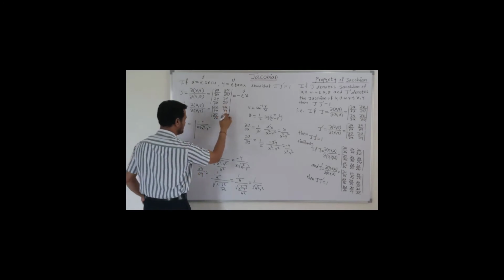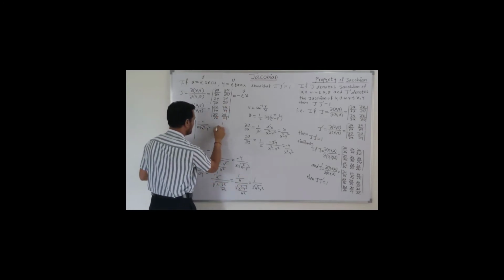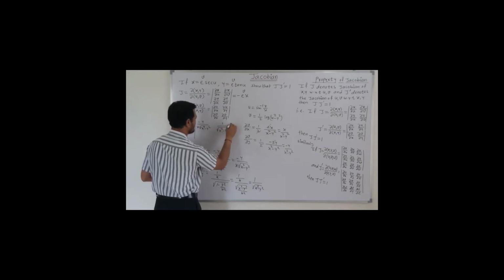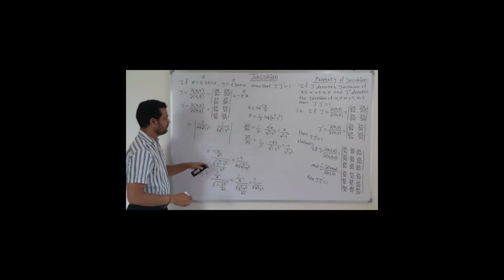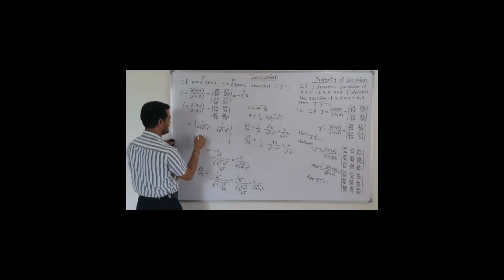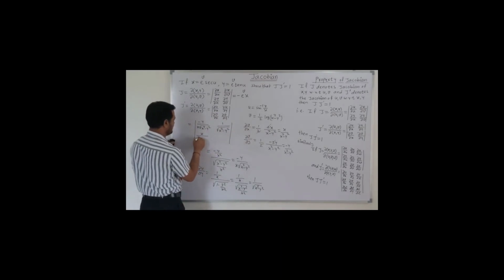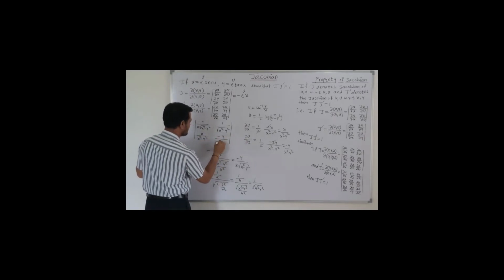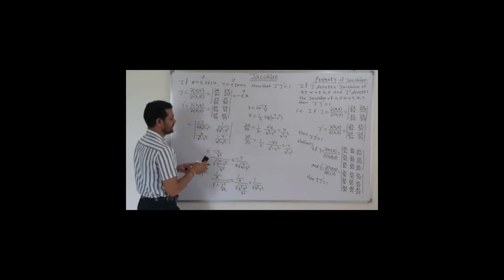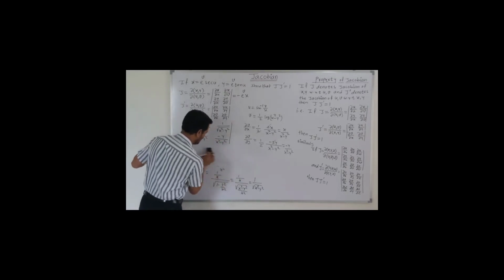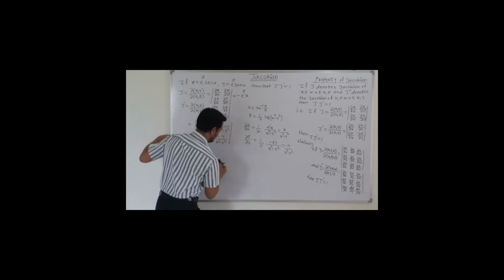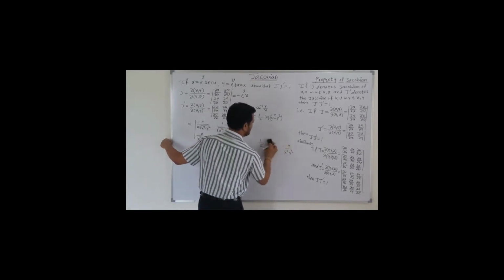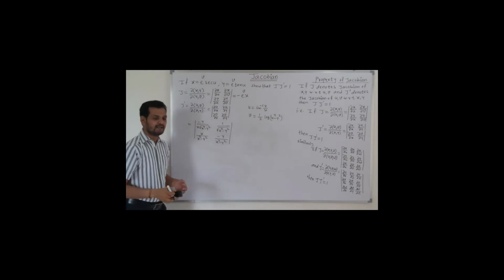Then the partial derivative of u with respect to y, so this value is 1 upon root of x square minus y square. Similarly, the partial derivative of v with respect to x is x upon x square minus y square, and this value is minus y upon x square minus y square. Right? So this is very simple, only the calculations are somehow complicated. Just simplify these terms so that we can easily get the steps.